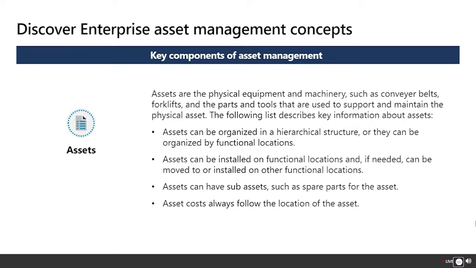Dynamics 365 Asset Manufacturing Module allows your company to have real-time access to your maintenance costs without having to collect that data, but it's allowing you to analyze it and then make decisions based on up-to-date information.